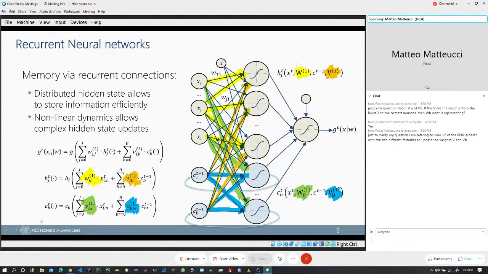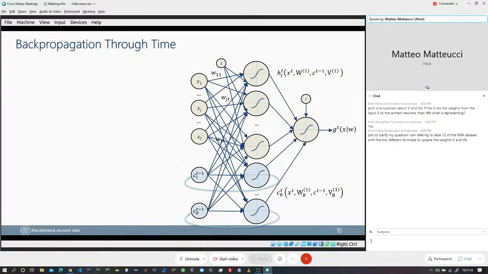The weights that come into play when you unroll the network are those which are involved here in the memory, because they appear in all the replicas of the network, so the green and the blue.